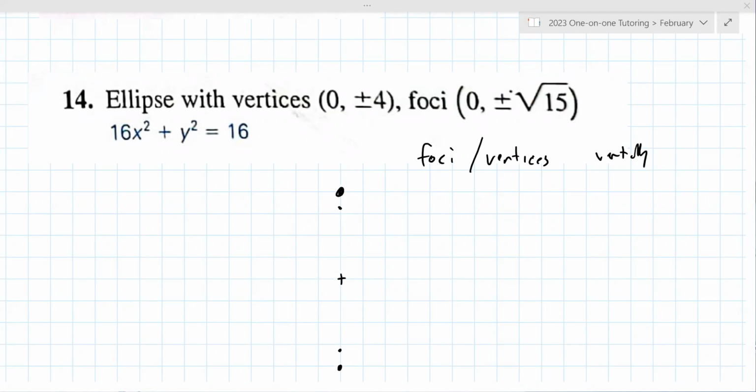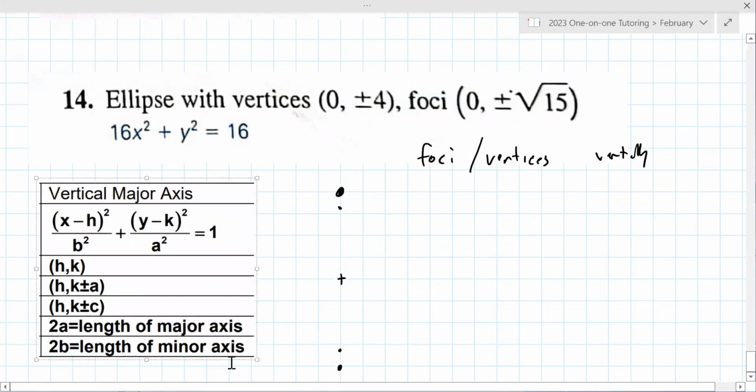Okay, so if we come over here, we can use these equations for figuring stuff out. So the vertices is the second one. So it's k plus a equals 4, k minus a equals minus 4.